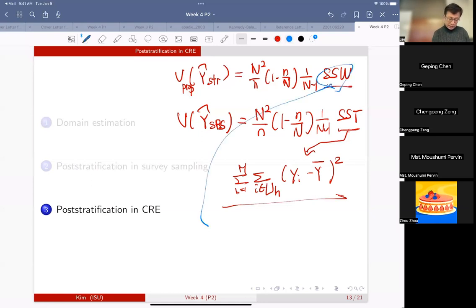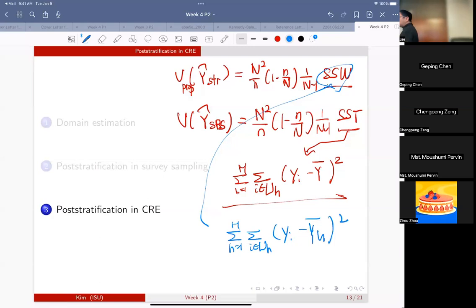SSW is within. So it should be the sum of squares within the group, within strata.